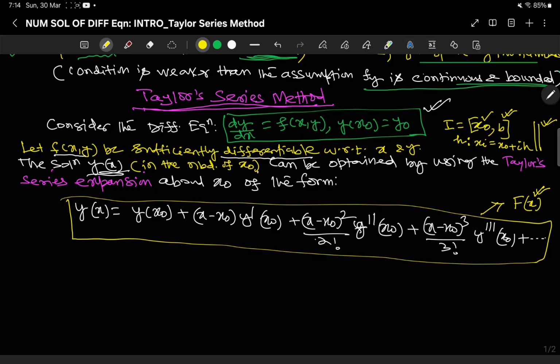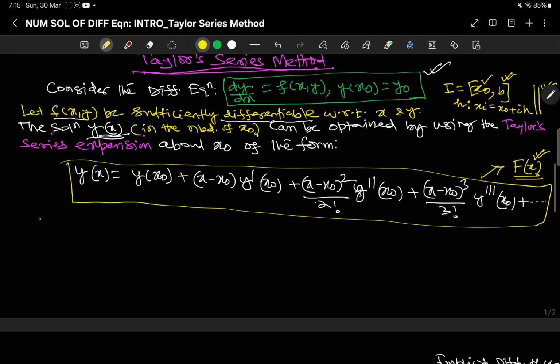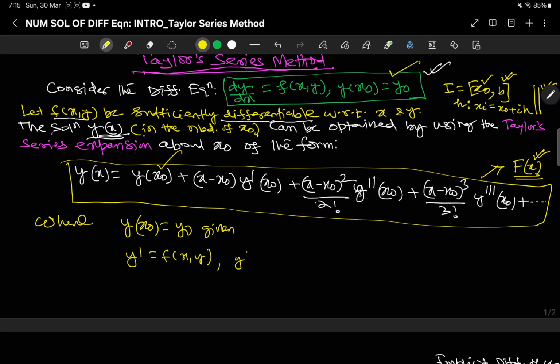So what we do, we find y of x, basically it is a function of x, where y of x0 is given, y of x0 is equal to y0, and y dash is equal to f of x, y. Subsequently we find y double dash. What is y double dash?